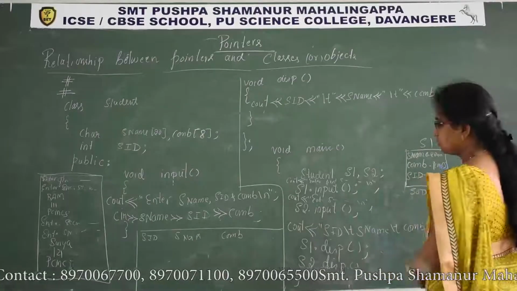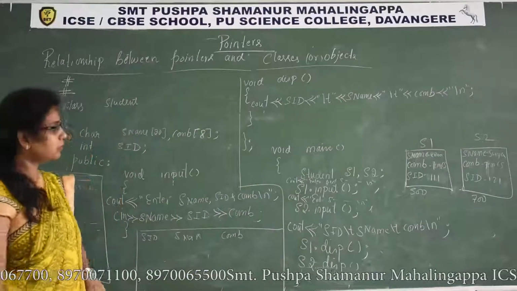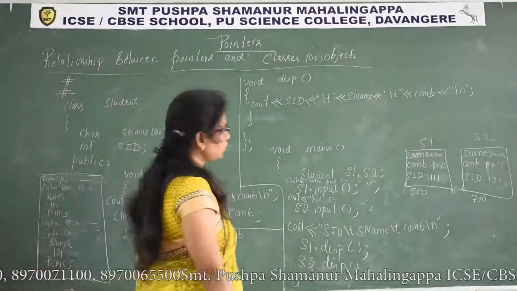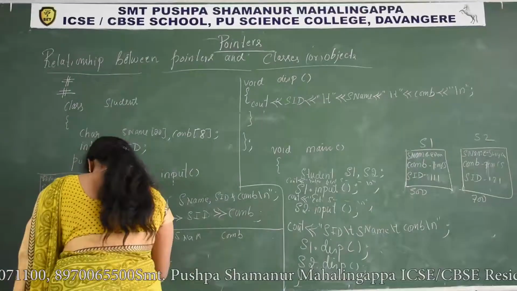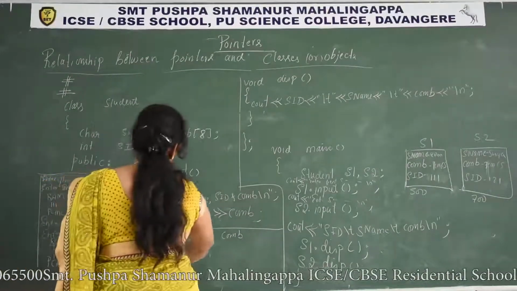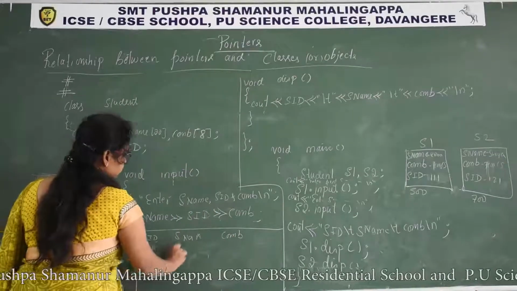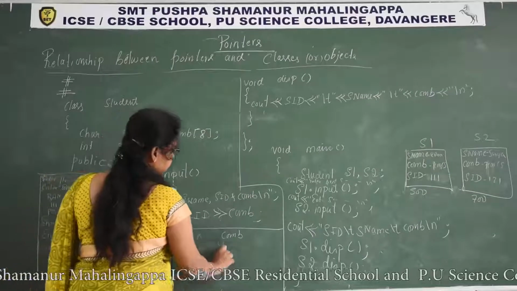Now the values are coming from the respective object. S1 is calling the display function, so first I am extracting SID. SID is 111, S name is RAM and combination is PCM-CS.